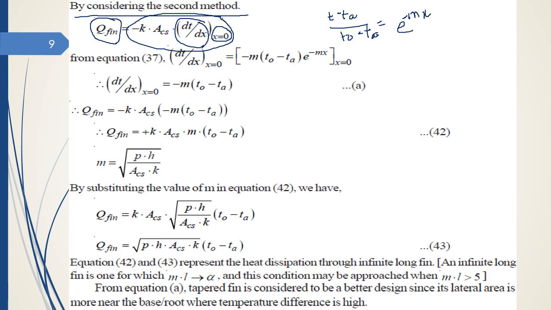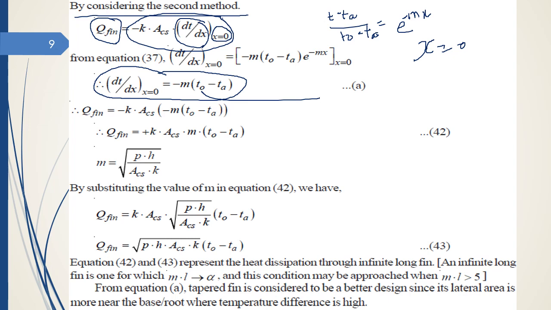So we have to differentiate this with reference to x, and we have to put x equals to 0. So what we will get is this: dT by dx at x equals to 0 is equal to minus m into T0 minus Ta.